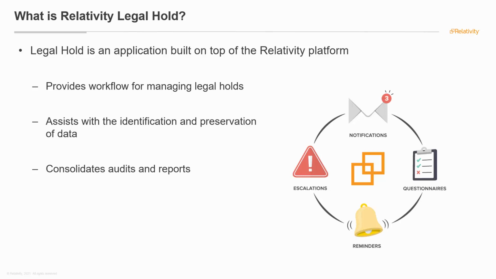The tool can help you identify relevant data related to an active or anticipated legal matter and issue preservation holds on data. There are also reporting features that allow you to document and provide evidence that the organization is complying with its legal hold obligations.